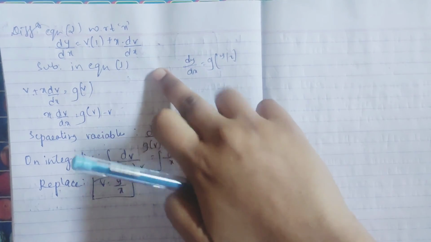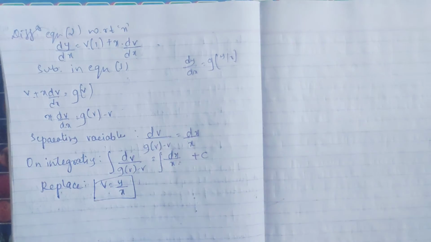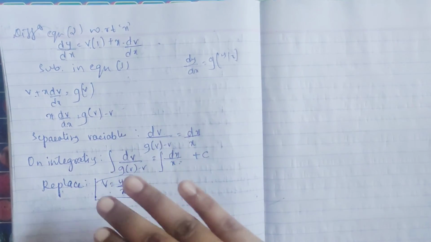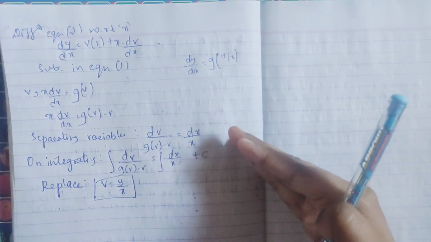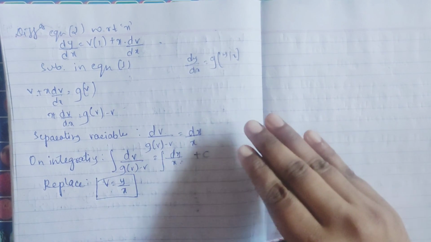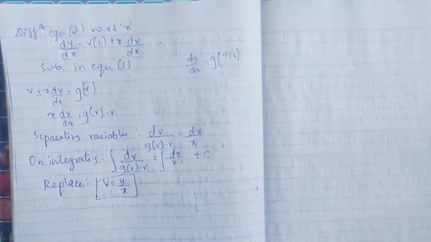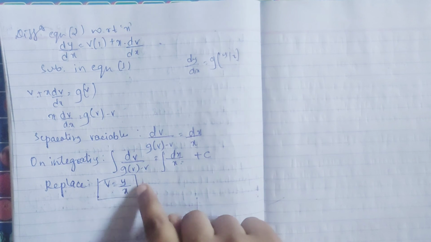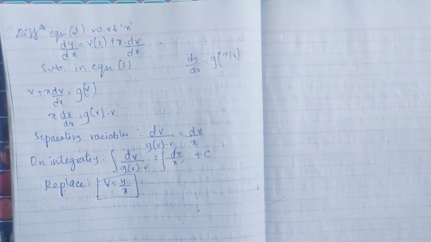After substituting in equation 1, comes the same procedure of separating variables. Separate variables, integrate, you will get the solution, but at last replace v by y by x. This is the method.